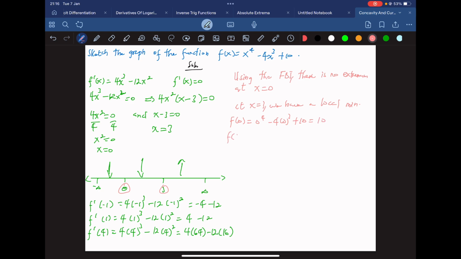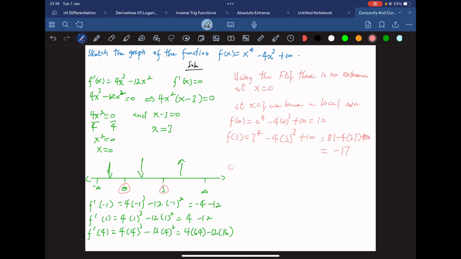And f of 3 will give you 3 to the 4th minus 4 times 3 to the 3rd plus 10. 3 to the 4 is 81 minus 4 times 27 plus 10. And if we do that, that is just negative 17.